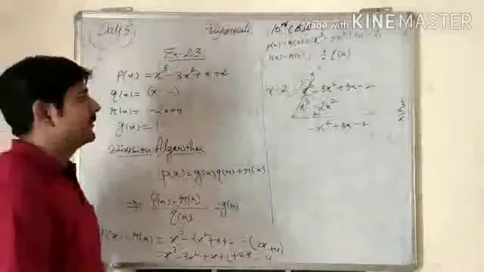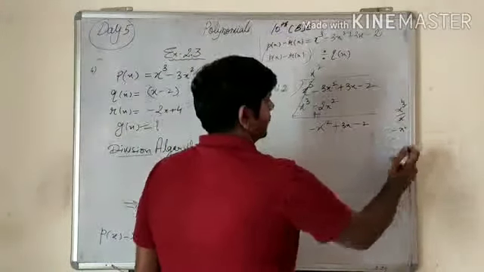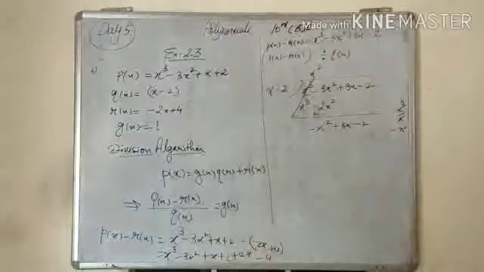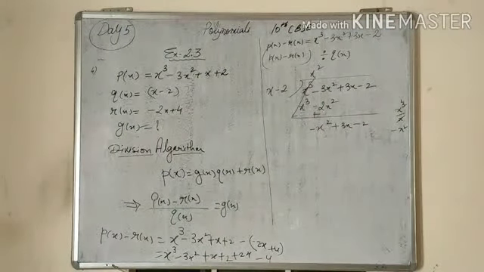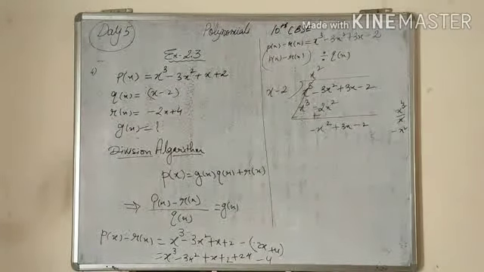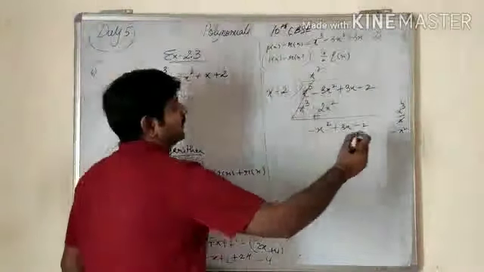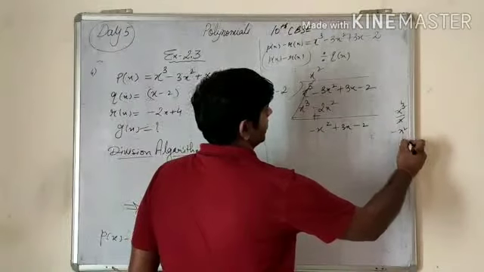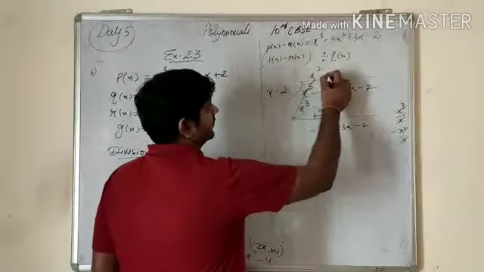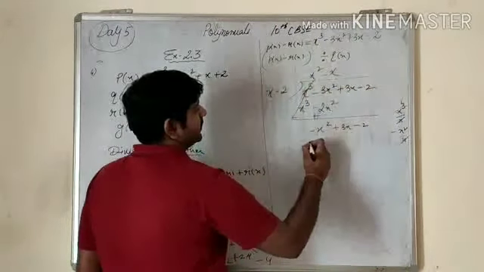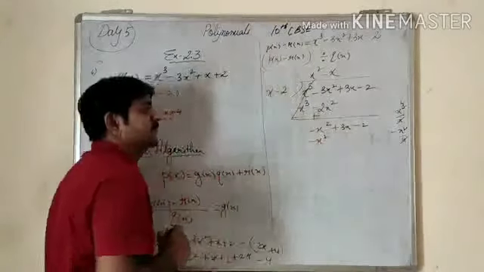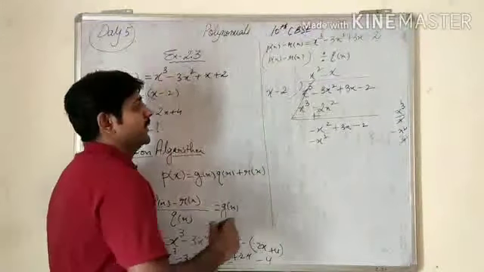First term divided by first term. So this negative x square divided by x, we will get negative x. It will be multiplied to this, so it will be the same, and minus minus plus 2x will be there.